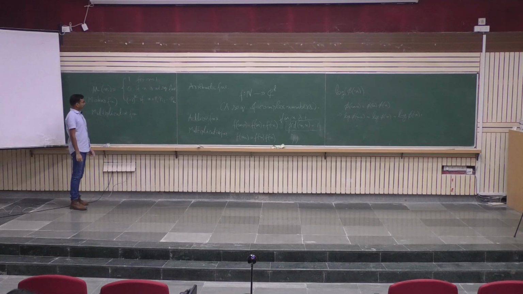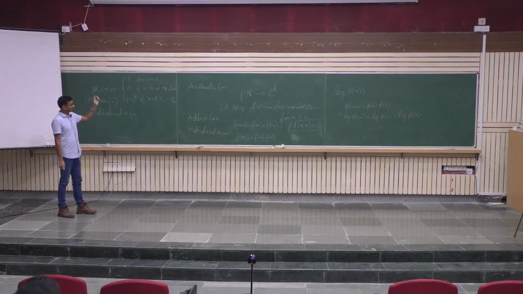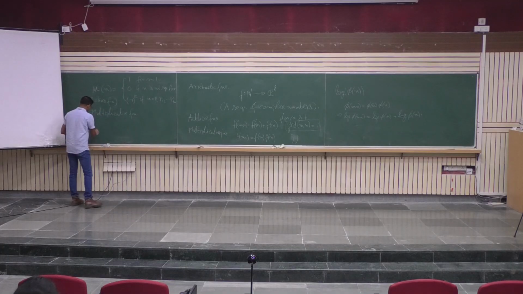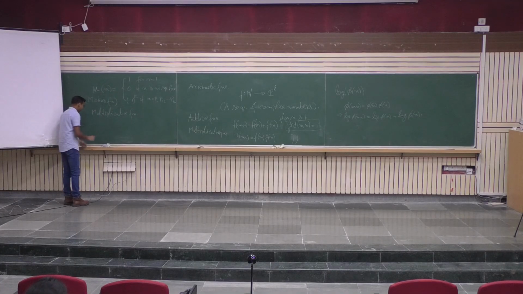And now we are going to define a function which is neither of these forms, and this is a very important numerical function which will occur again and again. Well, of course, mu will occur, and also this one, lambda, the von Mangoldt function.